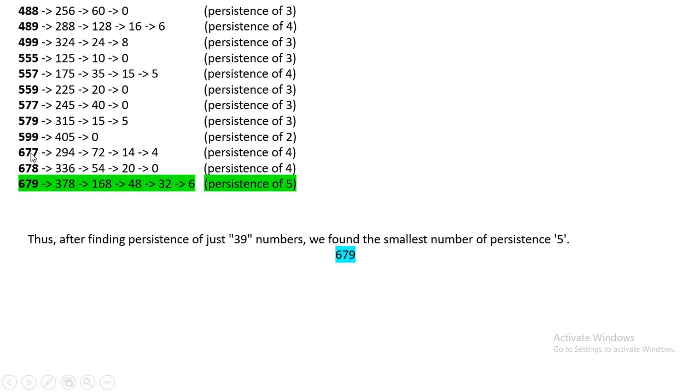Then we calculated 677, 678, 679. In 600 we have to start from 670s to 690s, and as we proceeded, 679 is the number of persistence 5. So we have calculated 39 numbers in total till now.